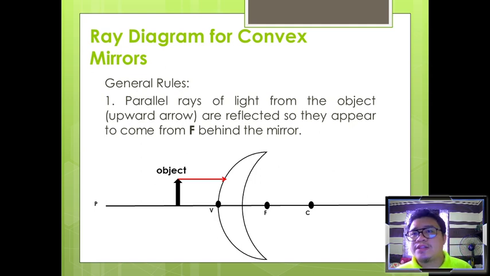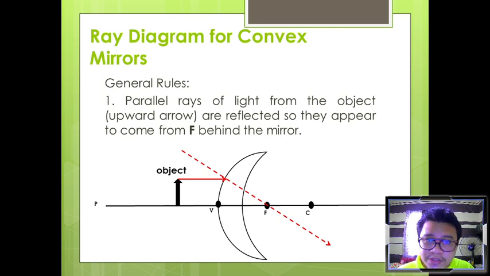Once it hits the convex mirror, it is reflected away from the mirror so that it seems to pass through F behind the mirror. That's how we interpret rule number 1 in this case.